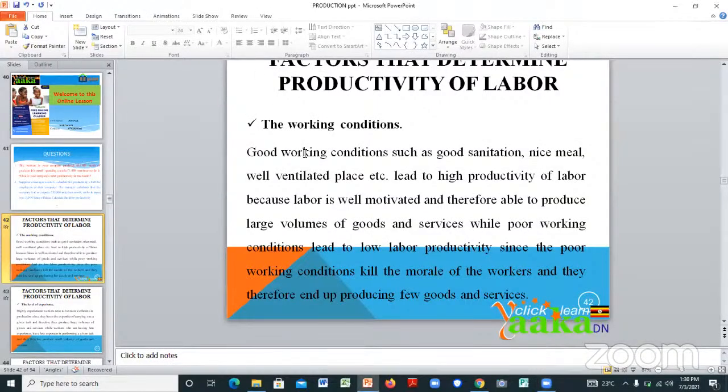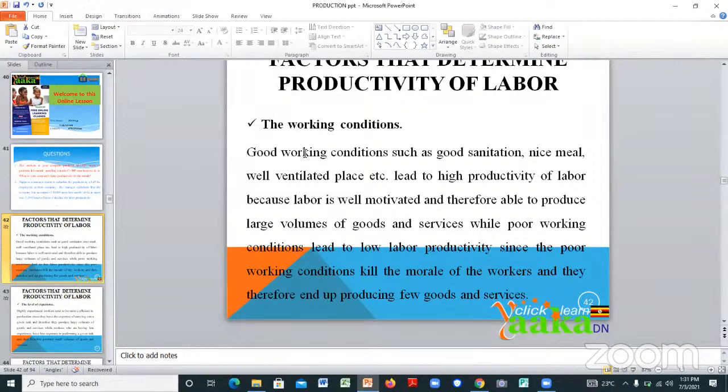So here we have the first point as working conditions. Remember, for labor productivity, we look at the quantity of output a unit of labor can produce. So if the working conditions are good, it means that the workers will be in a position to produce a lot of commodities.